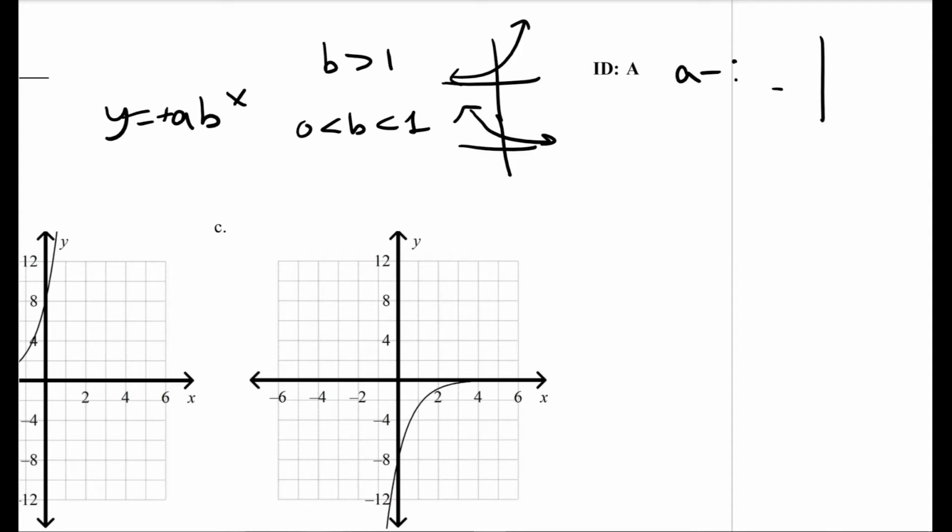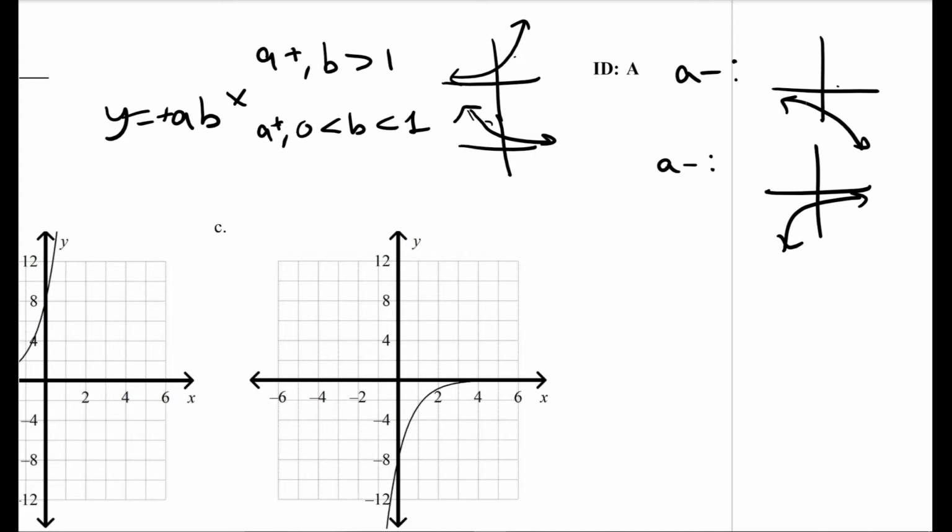So if A is negative, then in that case, this top one on the top left is going to reflect across the x-axis, and it's going to end up looking like this. Now, if A is negative for the bottom left, then it's going to reflect that across the x-axis, and it'll end up looking like this.